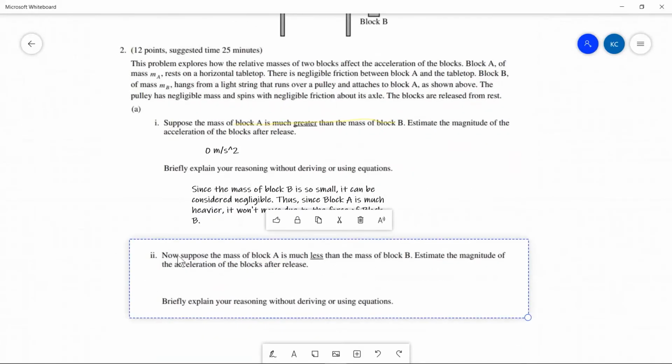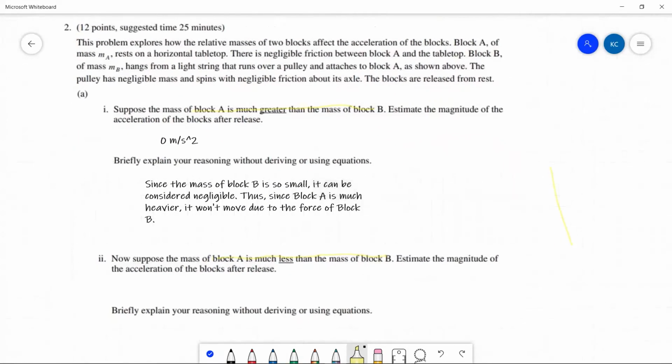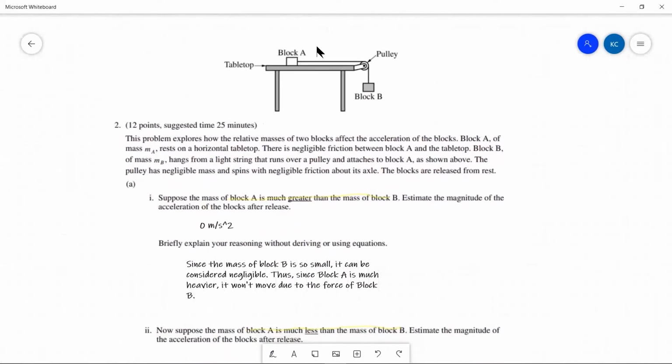Now for part 2. Now suppose the mass of block A is much less than the mass of block B. Estimate the magnitude of the acceleration of the blocks after release. So in this instance, it's the opposite of what we just answered. Now block A is much smaller than block B. So if we refer back to our diagram from earlier, we can see that block A is on the table horizontally, while block B goes vertically.